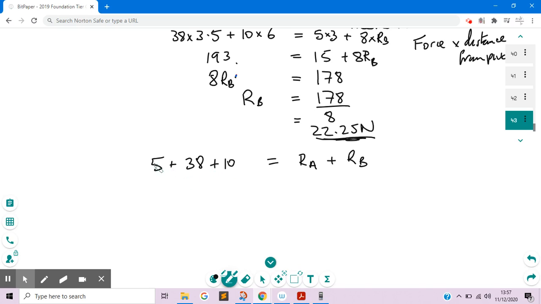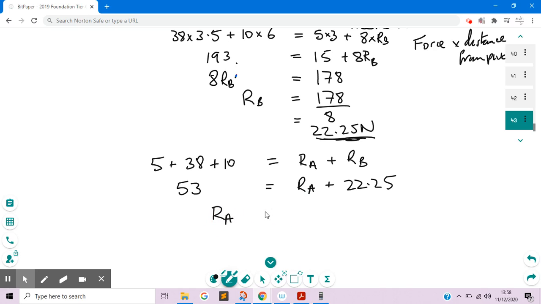So if we add these together, 5 plus 38 plus 10 is going to give me 53. And we also know what RB is, so we can say it's RA plus the 22.25, which we've already worked out.